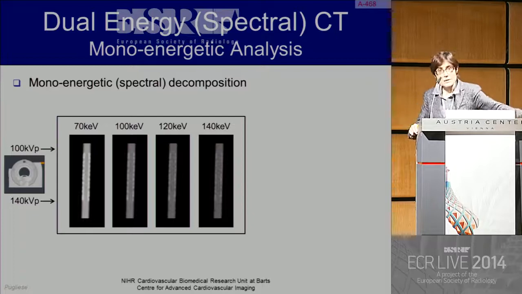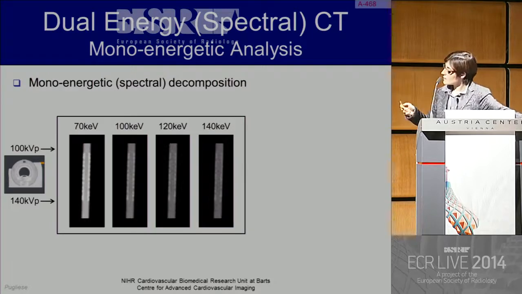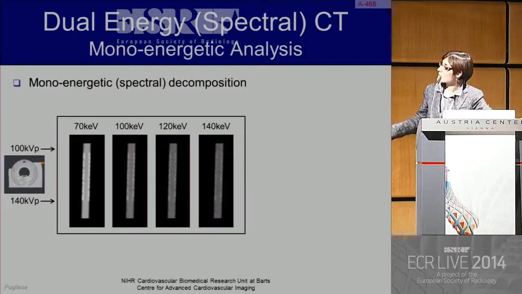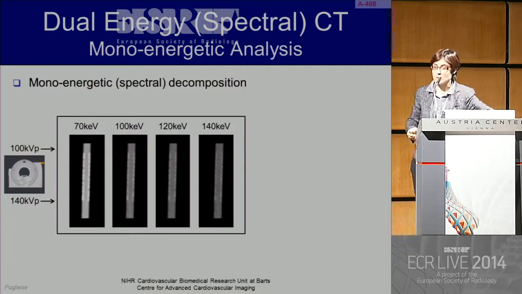As expected, based on what we described earlier regarding the attenuation changes of hard bone and metal, the image at 70 kiloelectron volt has some degree of blooming effect in it, which is visible by eye, whereas the images obtained at 120 or 140 are virtually free. We can hardly distinguish the stent strut in these pictures.